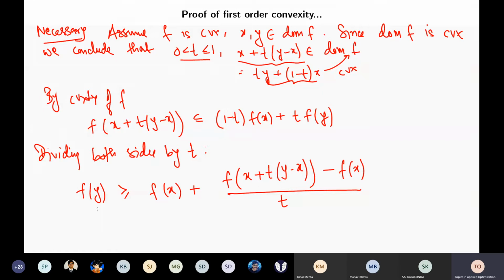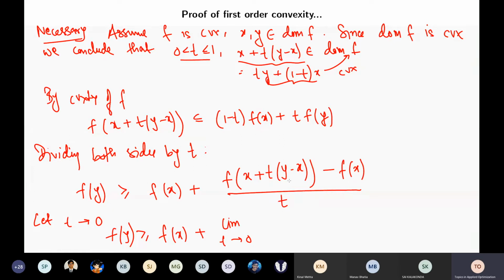And we let t tend to 0. So if t tends to 0, there is no dependence on t here, and there is no dependence on t here. So the focus will be here. So this will be f(y) is greater than or equal to f(x), plus the limit as t tends to 0. Okay, t may not be exactly 0, but t tends to 0.